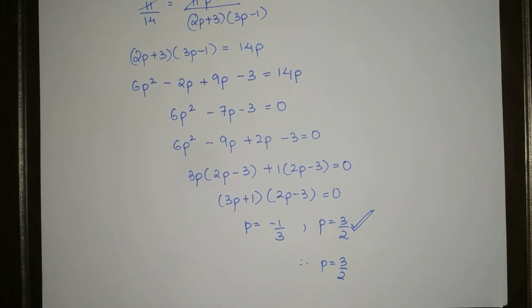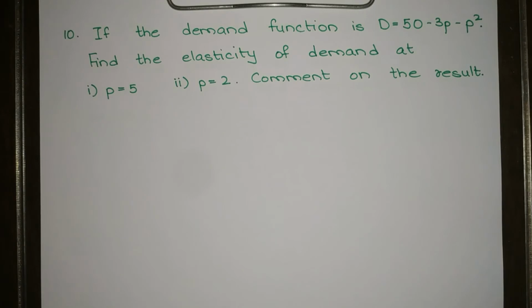Okay, if the demand function is D is equal to 50 minus 3P minus P square, find the elasticity of demand at P is equal to 5, P is equal to 2 and comment on the result. So demand function is given and here we have to find elasticity of demand again at P के values, right?